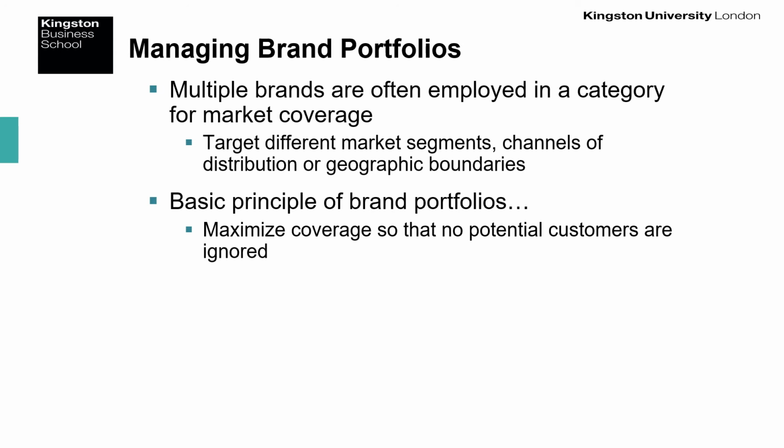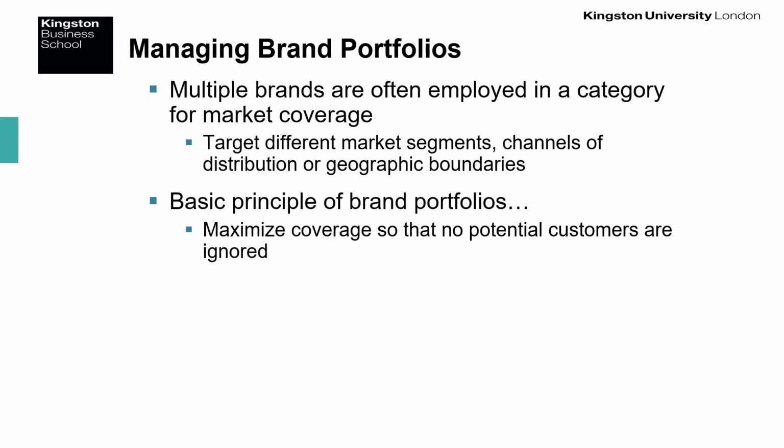So you might have different brands for different benefit-seeking categories, for example, a brand of laundry detergent that is all about high power performance, biological cleaning, and a different brand that's for very gentle cleaning or for specialist laundry for wool or silk.